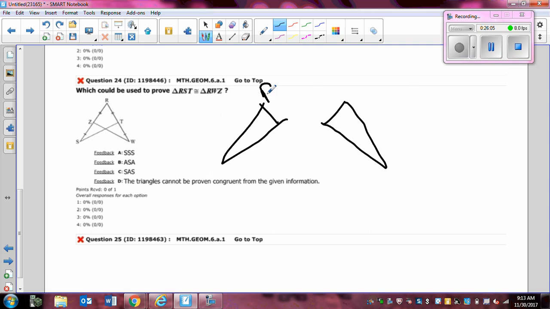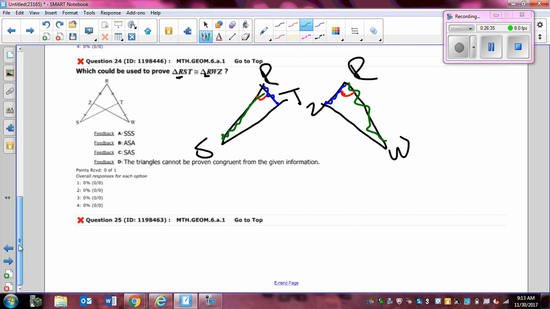Label your vertices R, T, S, and Z, R, W. They only have one letter in common, not two, so we know that the common part is going to be an angle, not a side. And we have all these sides that are congruent. So I know that this side is congruent to this side, and I know that this side is congruent to this side. So you guys got to tell me why these triangles are congruent.